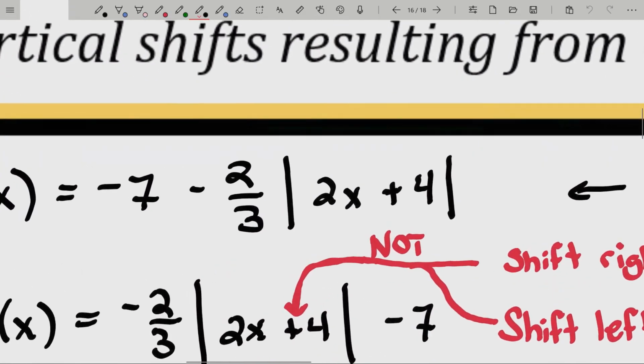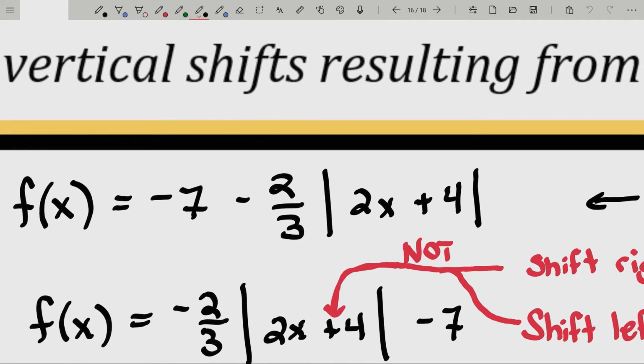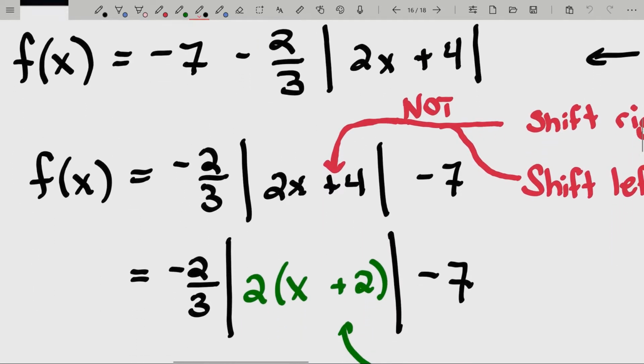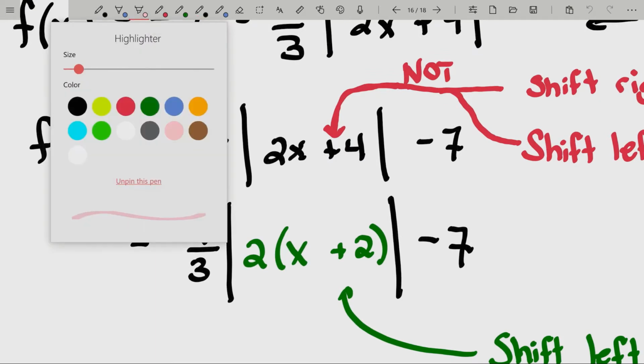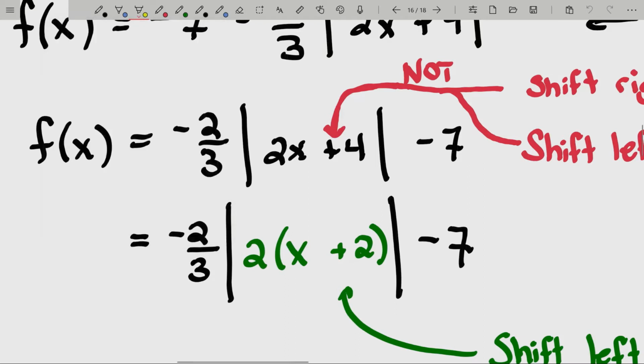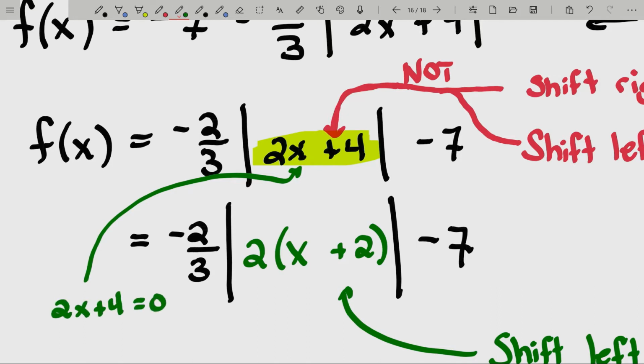If you look at the original function we started with, the absolute value one, you can actually find the horizontal shift without doing the factoring. You could just say, what would turn that into 0? I don't want to use the lipstick colored highlighter, I'll use this highlighter. Well, the thing that would turn that highlighted statement into 0 is x equals -2.